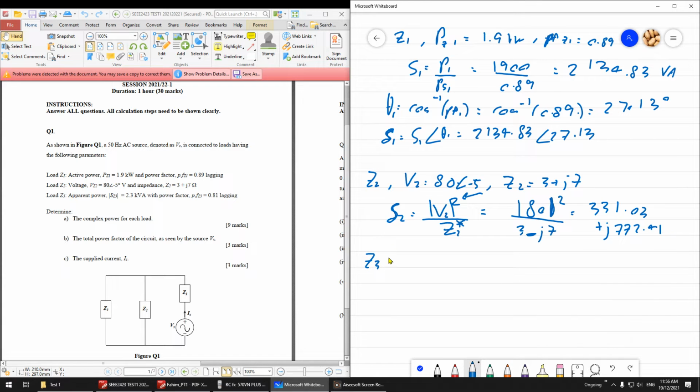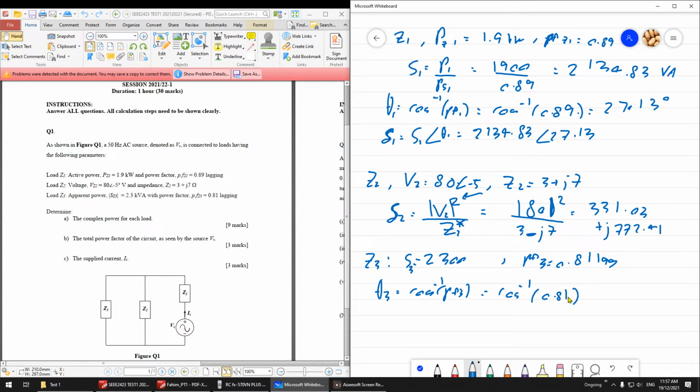For Z3, you already have the apparent power S equal to 2300, and PF3 is 0.81 lagging. So you already have S. Use the same concept. Theta 3 is equal to cos inverse PF3, so cos inverse 0.81.